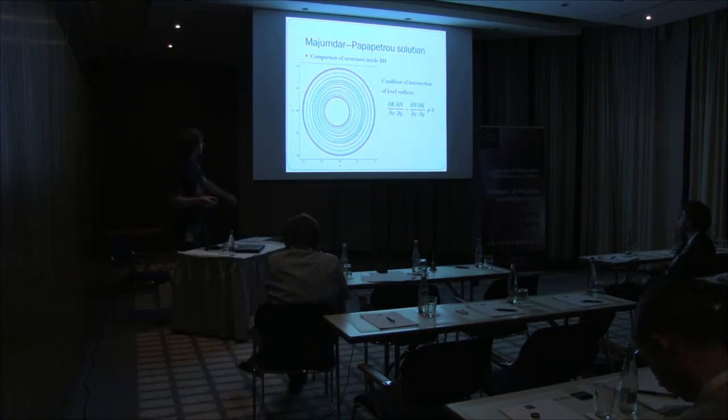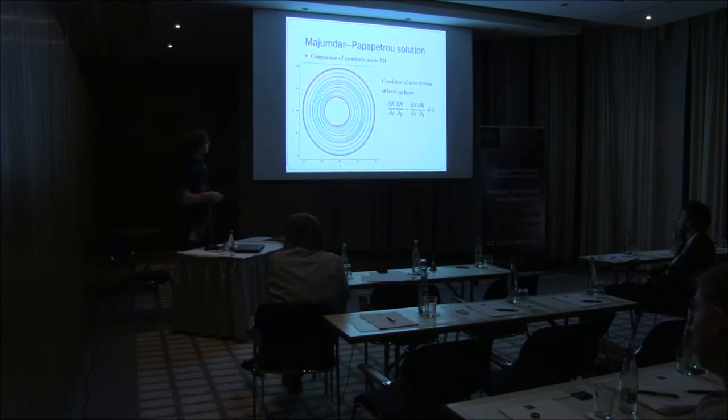Actually, the expression is quite complicated for this short presentation, but still we can prove analytically that this condition is not equal to 0, which indicates there is no spherical symmetry below the horizon in this solution.